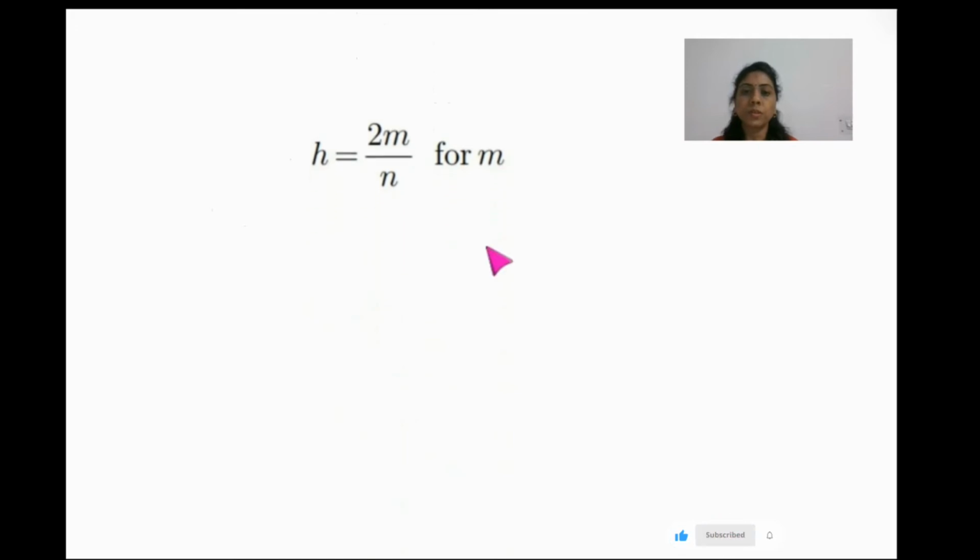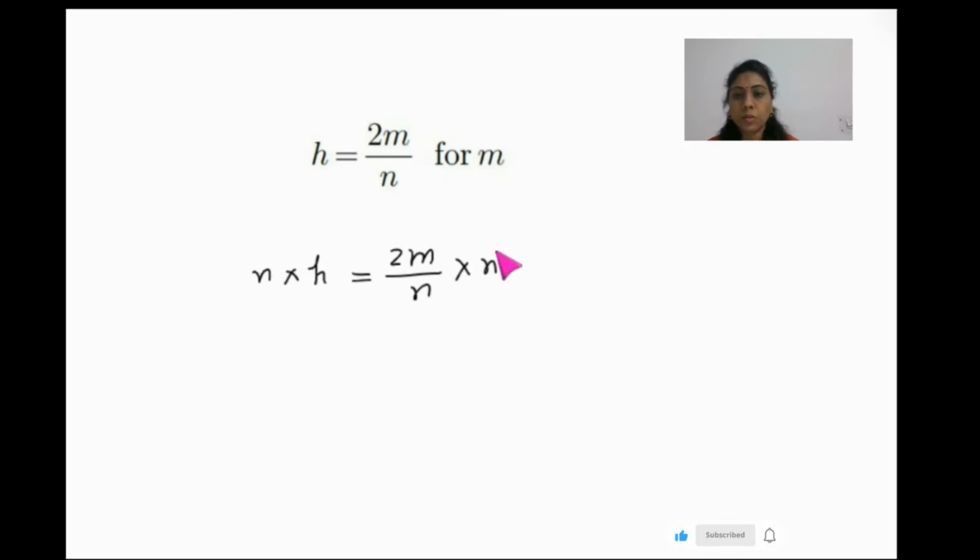Very simple questions, if you know how to solve linear equations: one step, two step, and multi step. Here is another question, h = 2m upon n, and here solve for m. 2m upon n is dividing, so multiply both sides by n.